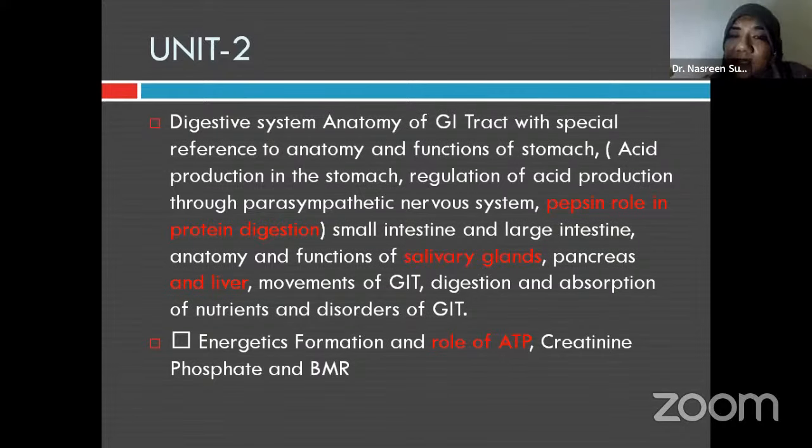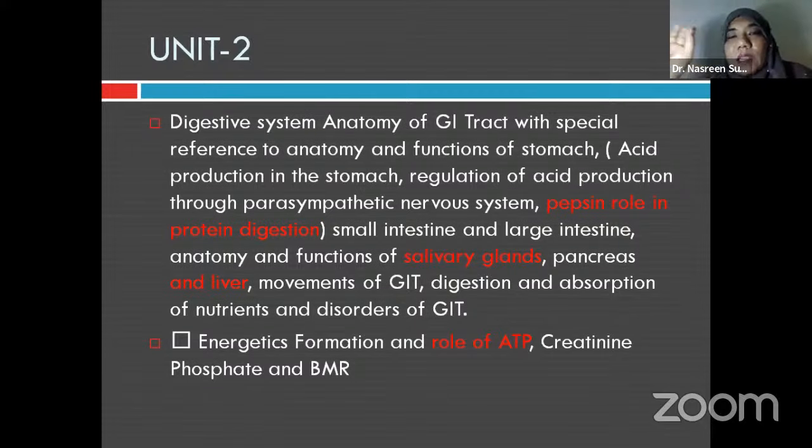Next is just to give a glance at the functions of the pancreas, liver and salivary glands. Next is disorders of GIT. Not only in unit 2, but in units 1, 2, 3, 4, 5, wherever there are disorders, read the definitions and try to remember at least 4 or 5 disorders of a system with definitions.